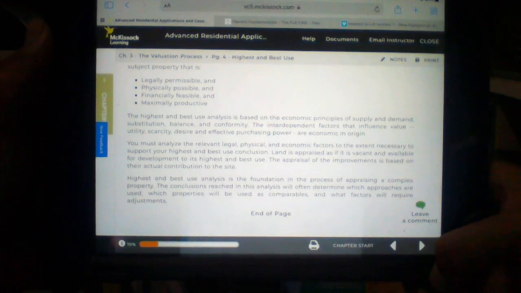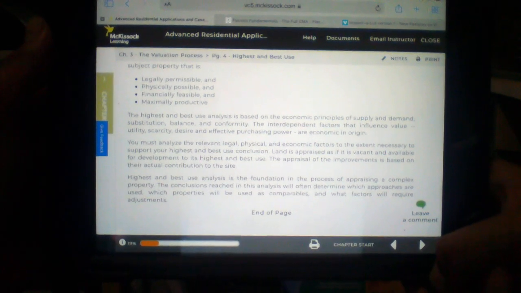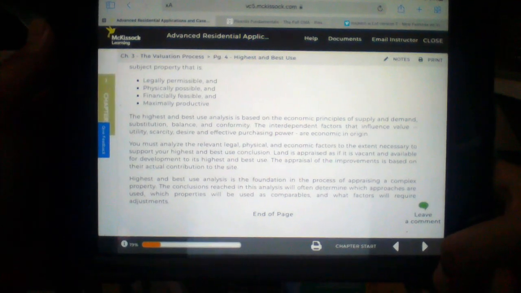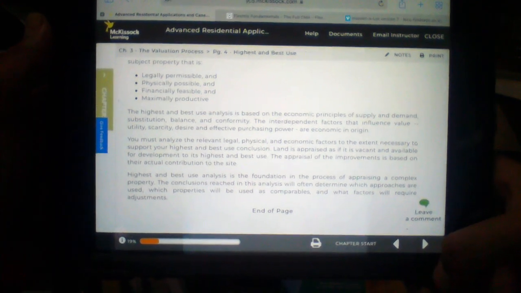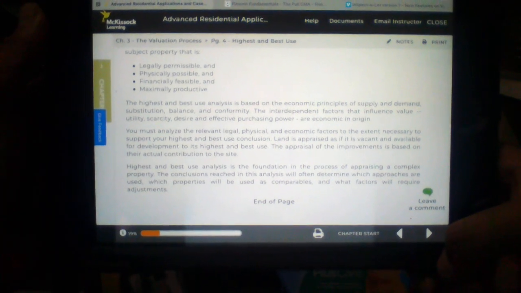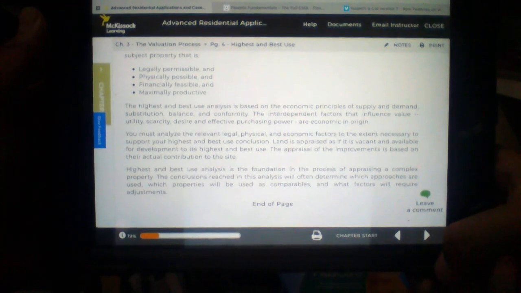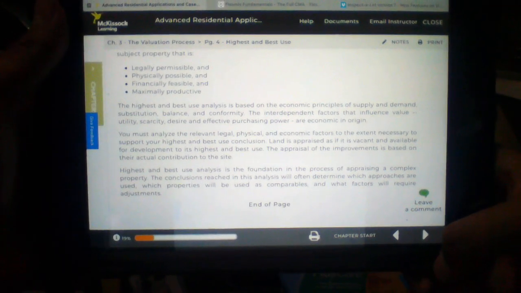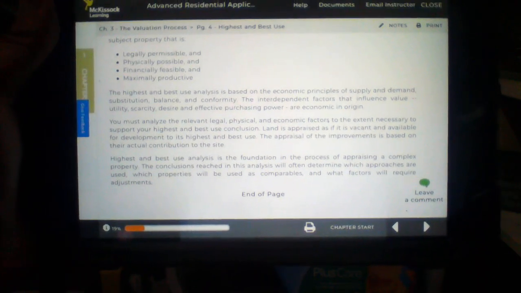The appraisal of the improvements is based on their actual contribution to the site. Highest and best use analysis is the foundation in the process of appraising a complex property. The conclusions reached in this analysis will often determine which approaches are used, which properties will be used as comparables, and what factors will require adjustments. End of page.